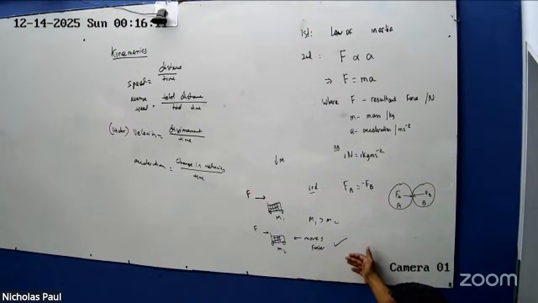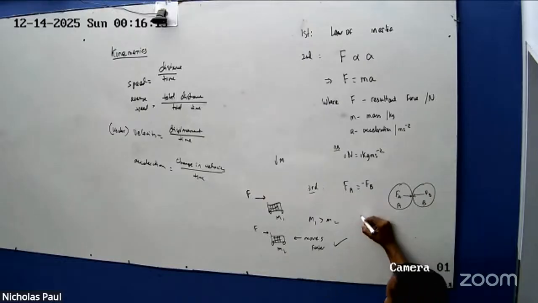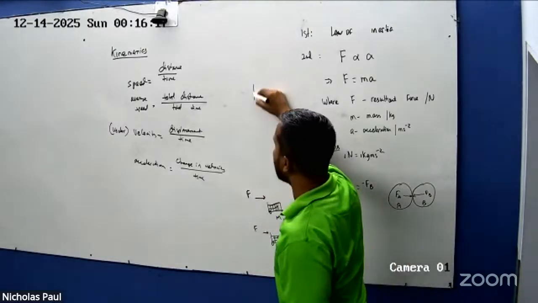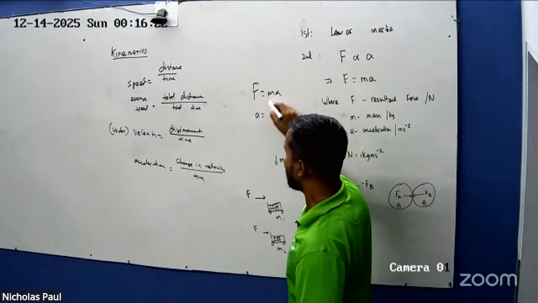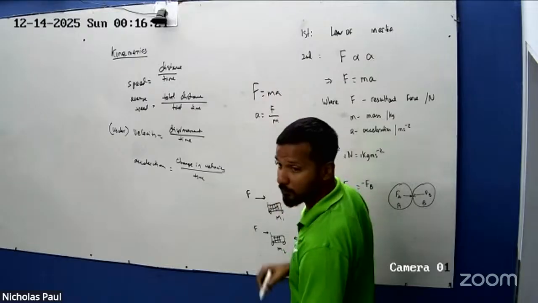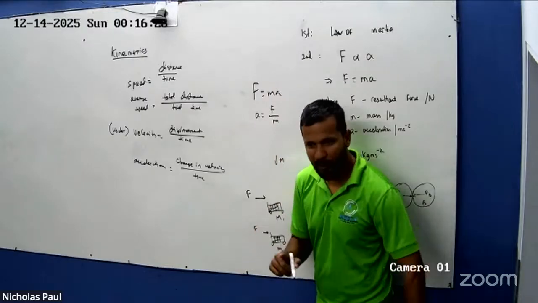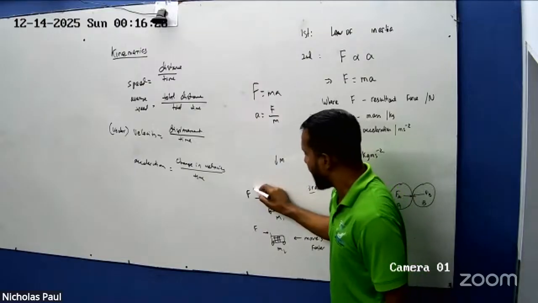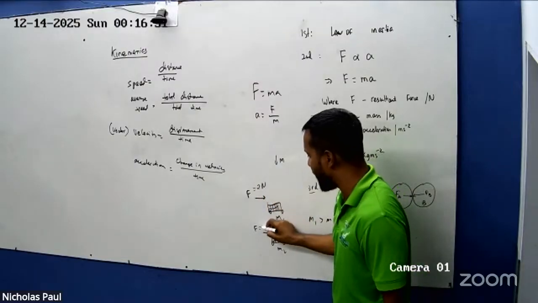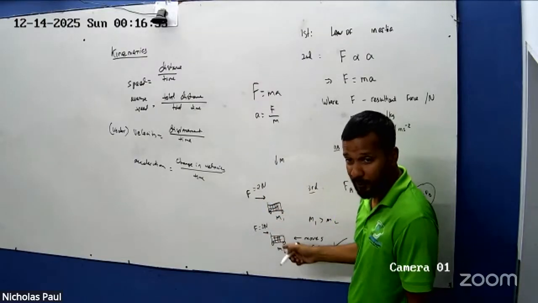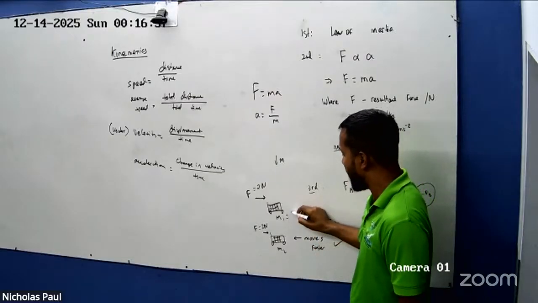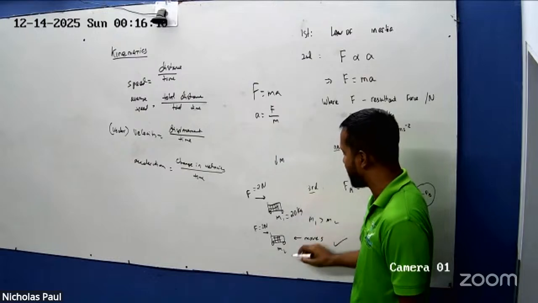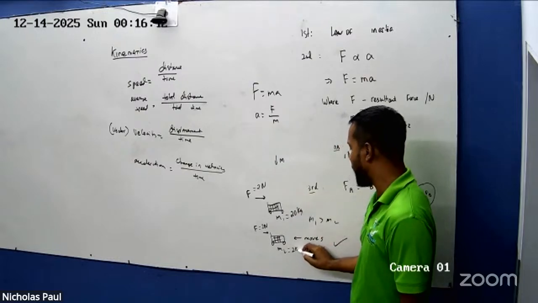Which law do you use? Second law, right? If you use F equals ma, a is what? So let's make up some numbers. Let's say the force is 2 newtons being applied. Both are the same, right? Mass 1 is bigger than mass 2. So let's say this is 20 kilograms and this is 2 kilograms.